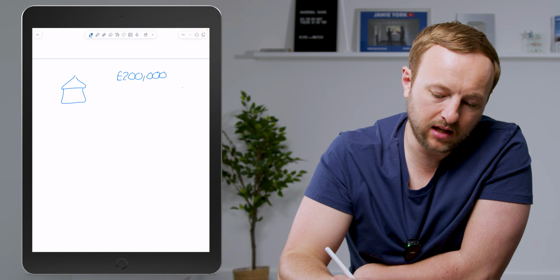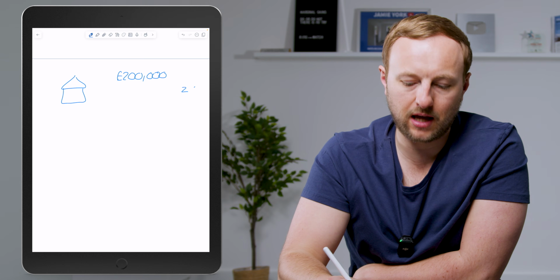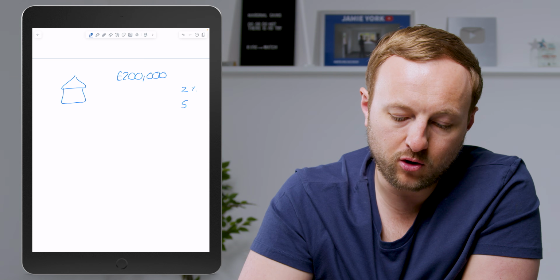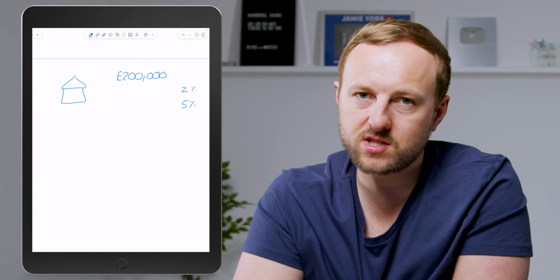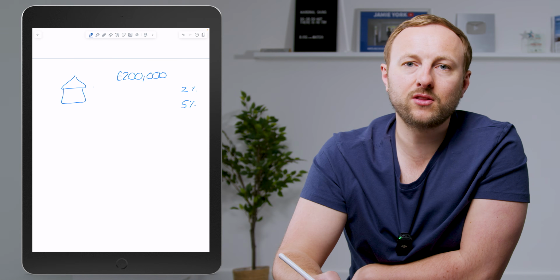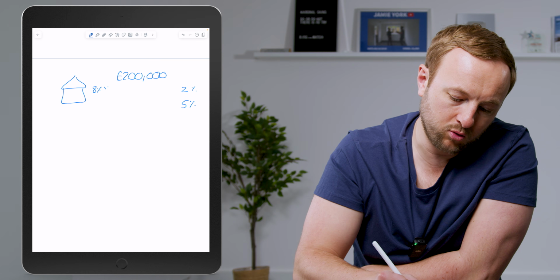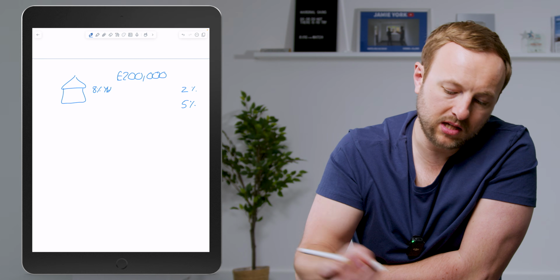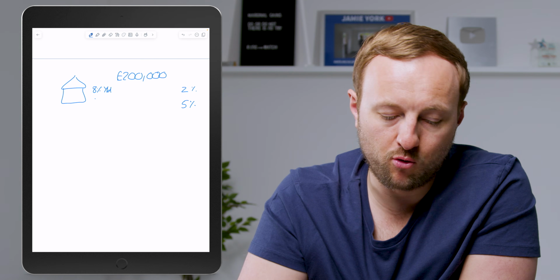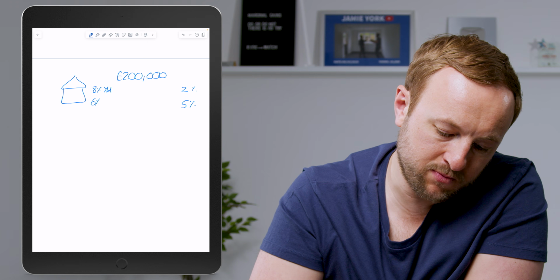So let's say in one area you've got 2% capital growth, and in another area you've got 5% capital growth, just as an example. Now, let's say in the 2% growth area, it's getting you an 8% yield, and in the 5% growth area, you're only getting a 6% yield.